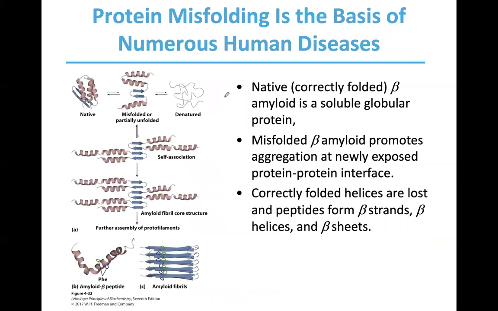And what else do I need to mention to you? Diseases, obviously, you know about Alzheimer's, right? Alzheimer's, one of the most infamous. So this is proteins, or the aggregates known as amyloids.